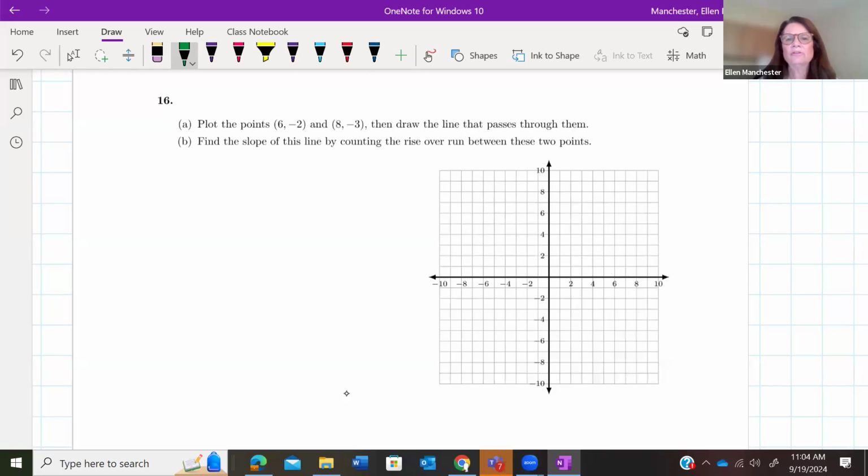6 and -2. So I go over 6 and down 2, that's 1 point. And then 8 and -3. So over 8, down 3. And then draw a line. So again, any 2 points create a line.